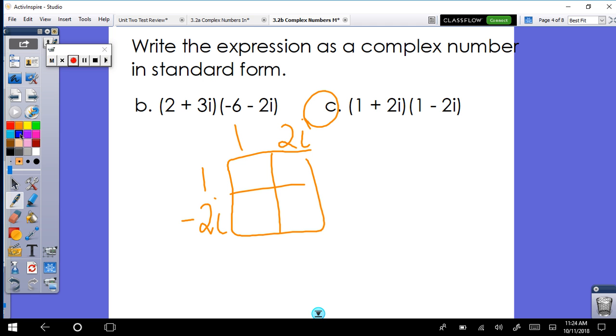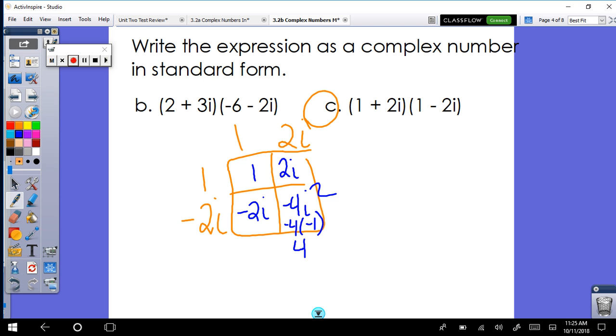So 1 times 1 is 1, 1 times 2i is 2i, 1 times -2i is -2i, and 2i times -2i is -4i squared. And remember, i squared is going to be -1, so that's really going to be -4 times -1, which will be positive 4 here.